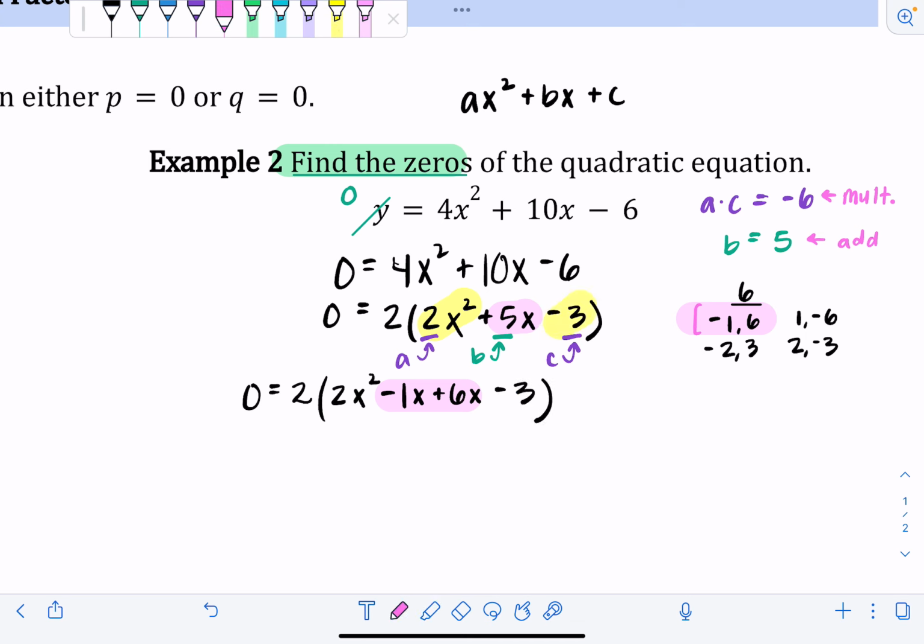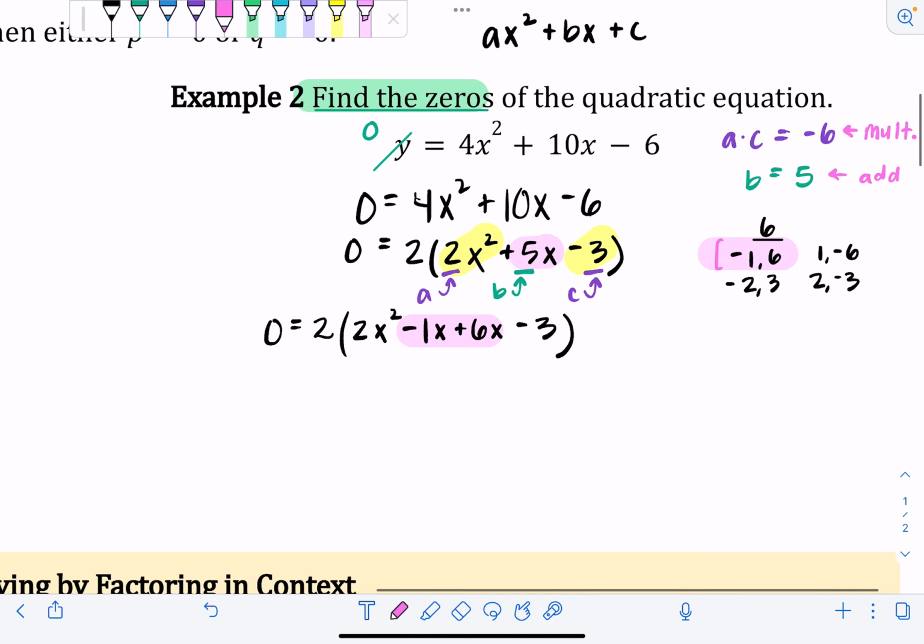But it's really important to realize that from 5x to the numbers that are replacing it, negative 1x plus 6x, has the same value. I'm not actually changing any of the values in the equation. I'm just replacing 5 with negative 1 plus 6, which overall is the same.